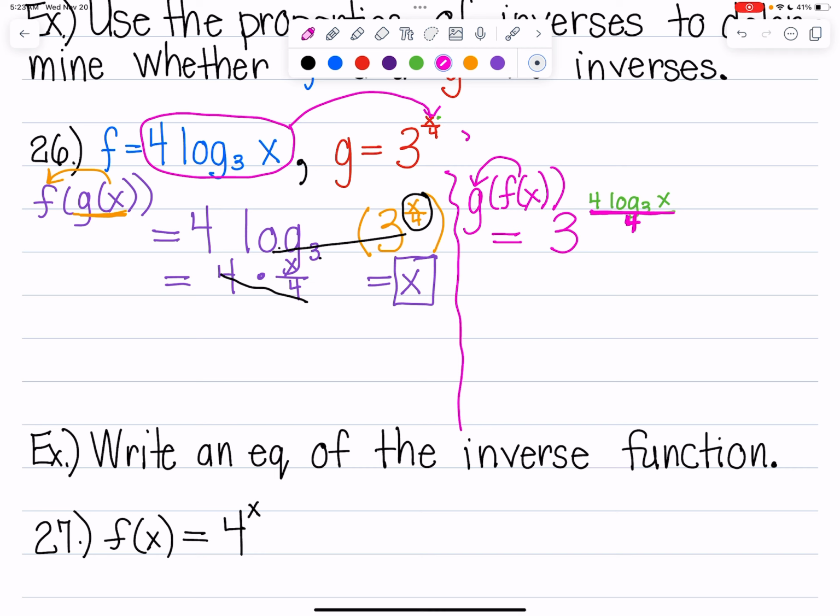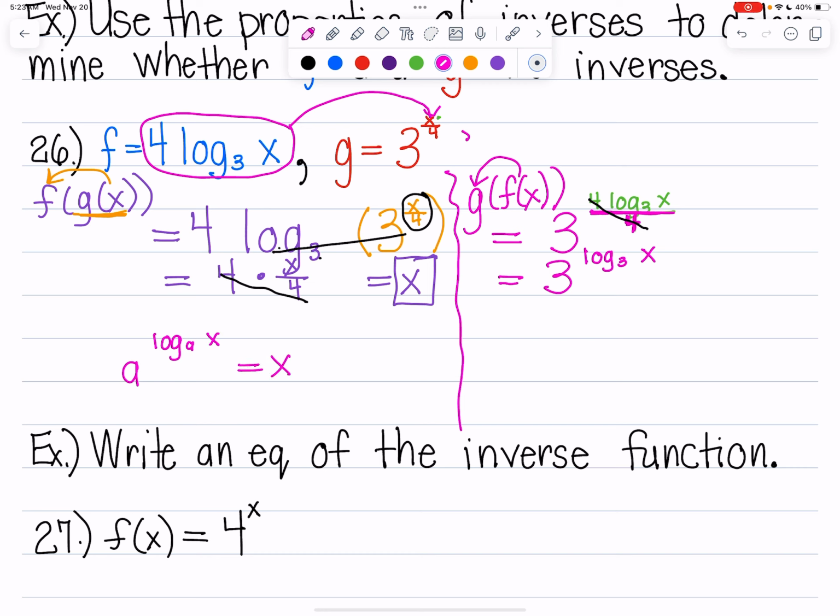Now, when we do this, you all should automatically see what cancels in the exponent. Y'all see these 4's cancel, right? And then we're left with 3 raised to the log base 3 of x. Well, if you go back to that law that I said, there's a law that says a raised to the log base a of x gives me x.